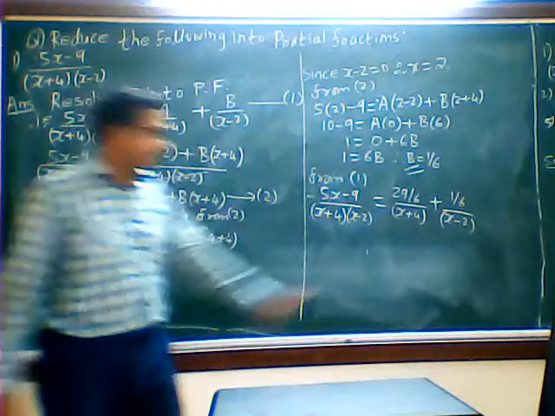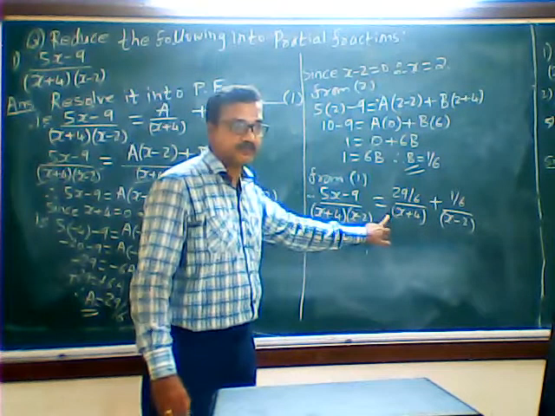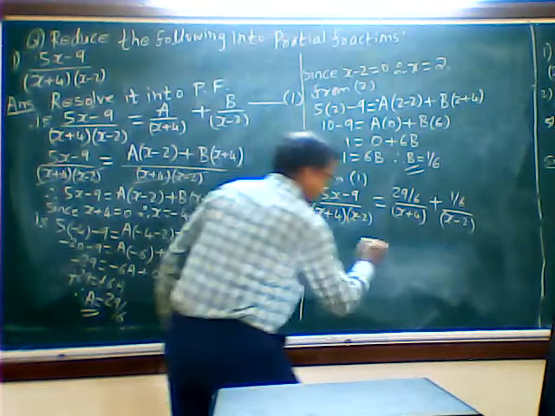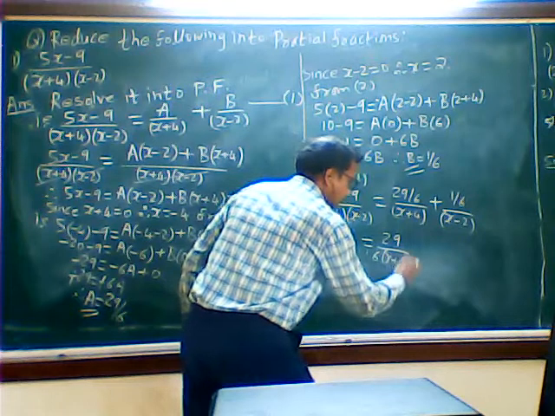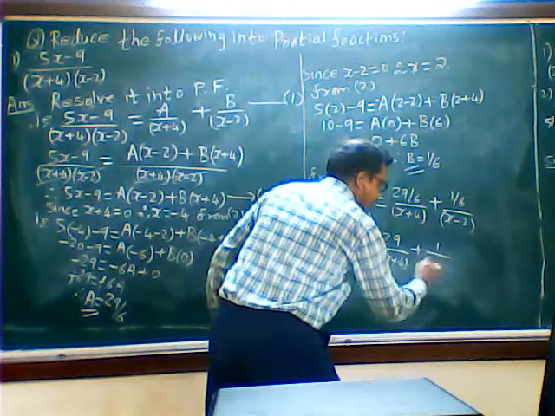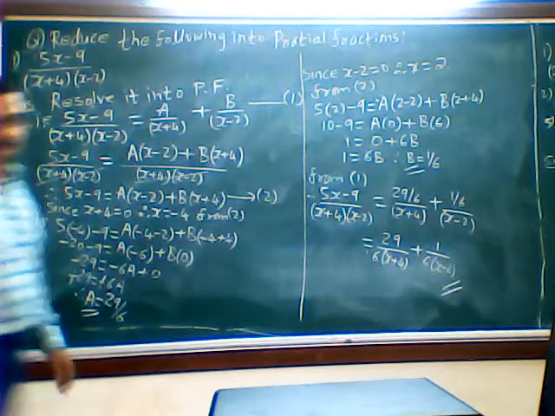Okay, you can keep the answer at this stage. Otherwise, if you want, you can take this 6 down in the denominator, which is equal to 29 upon 6 into (x plus 4) plus 1 upon 6 into (x minus 2). This is the answer.